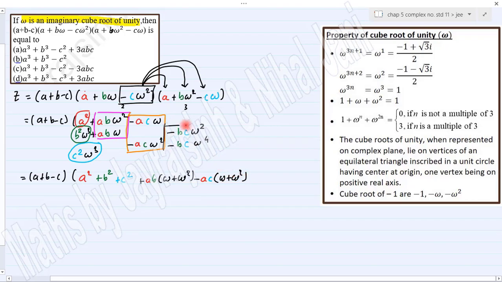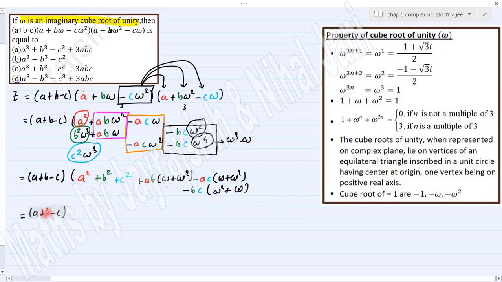And finally from the rest of the two terms we can take -bc common: ω² plus this ω⁴, which will become ω³ into ω, or we can say ω. Still your a plus b minus c will remain as it is.